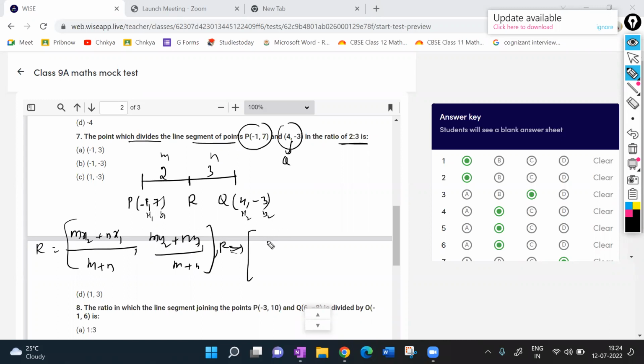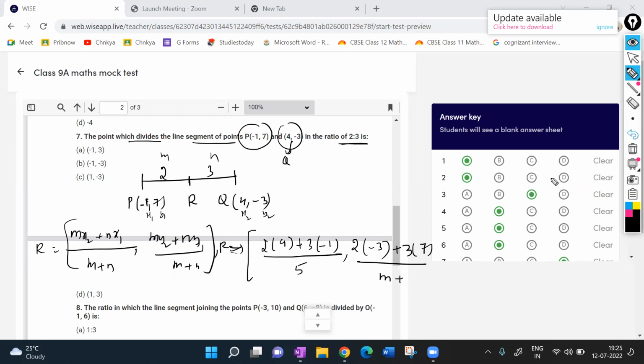So m x2 plus n x1 by m plus n, and m y2 plus n y1 by m plus n.